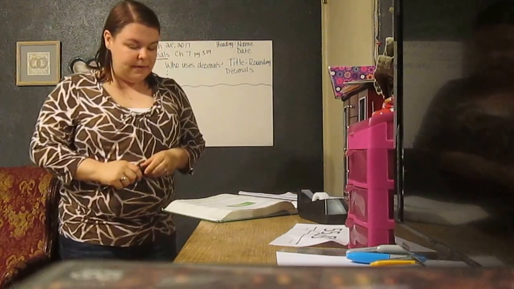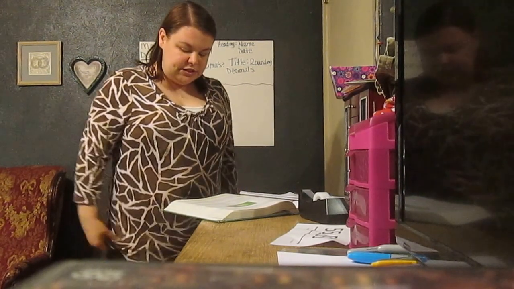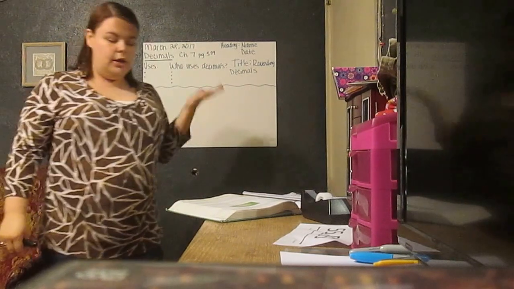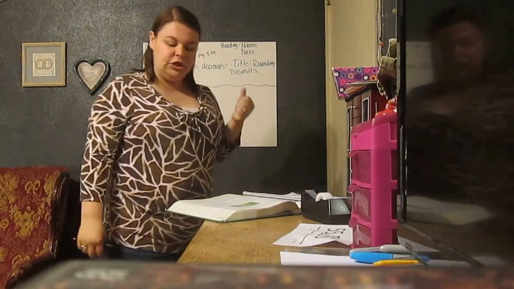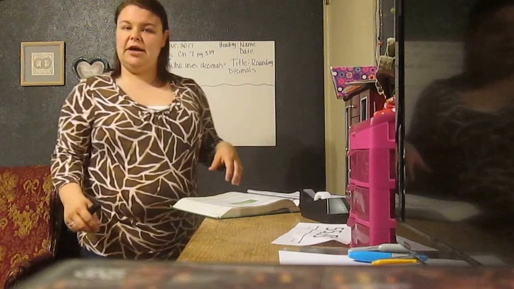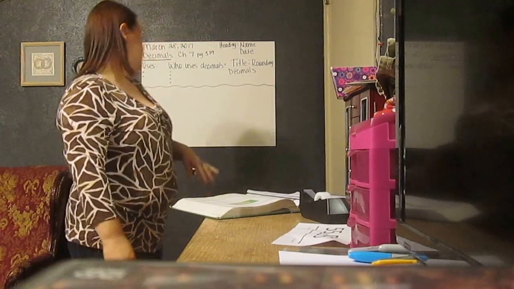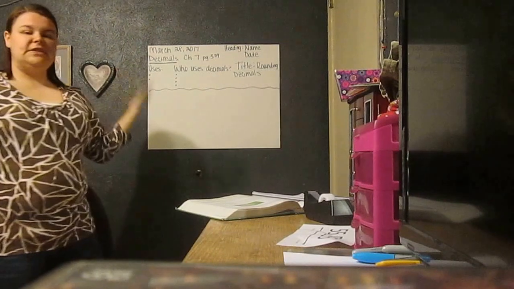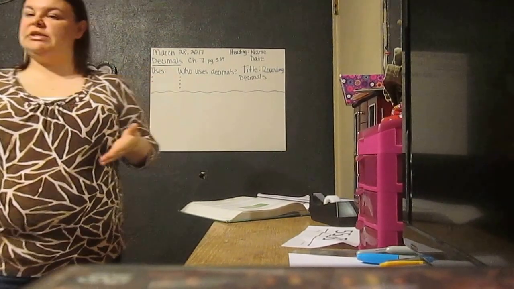A decimal is a base 10 positional numeral, either positive or negative, in which there are digits extending to the left of a point, called the decimal point, that represent units, tens, hundreds, and so on, and a sequence of digits on the right side of the decimal point that represent tenths, hundredths, thousandths, and so on. So, when we think of a decimal, what kind of uses do you think of?